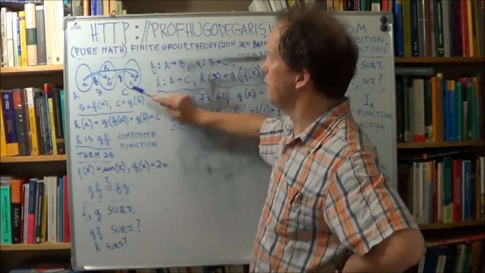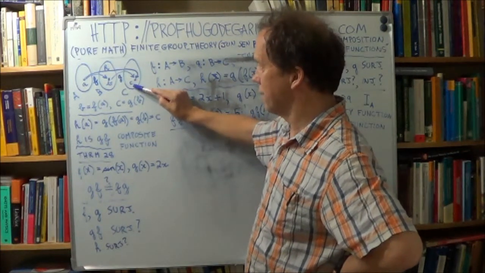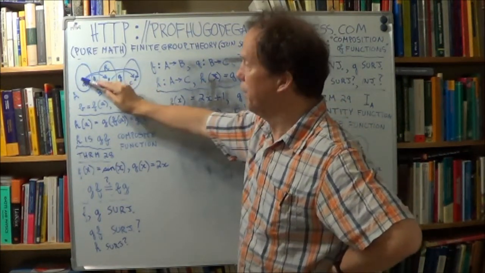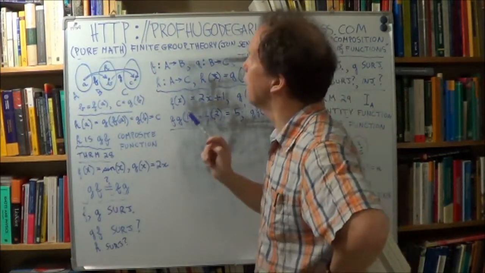If we can find an element that maps uniquely to this little c from A, then we're okay. So let's try to do that.